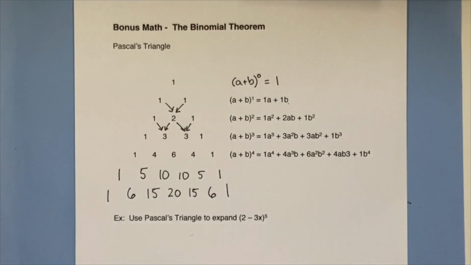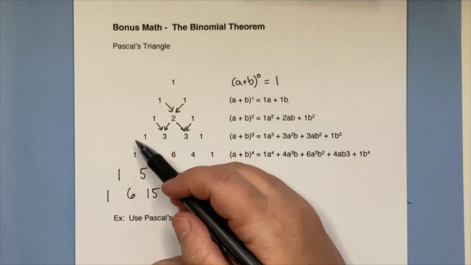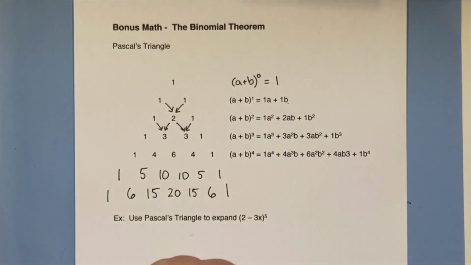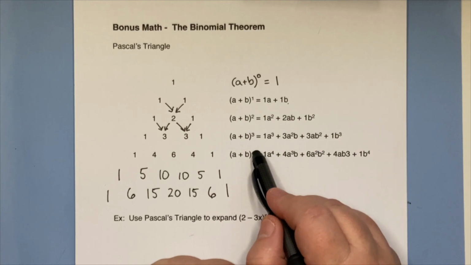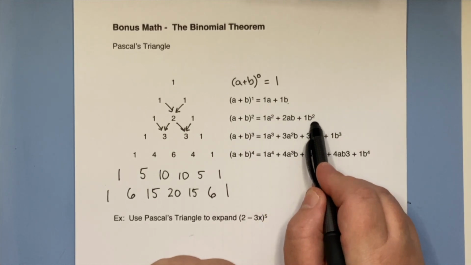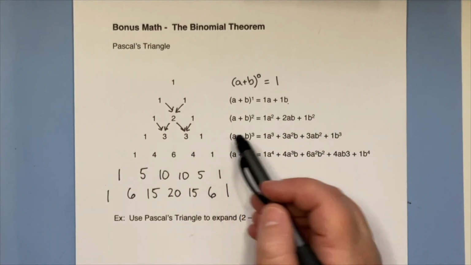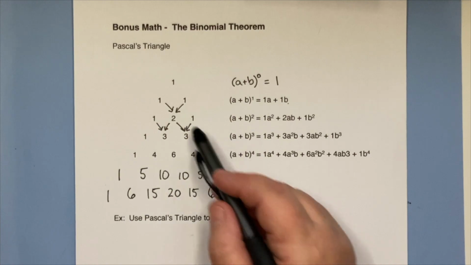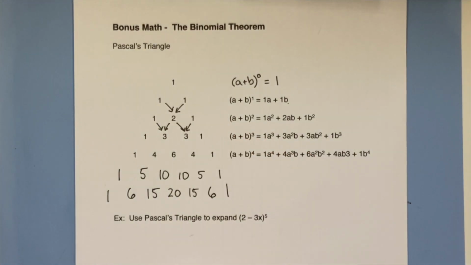Now, how does this pattern go? Well, you follow the coefficients, but then you notice that a starts out squared, then a and b both show up together, and then b is squared. Let's follow this pattern for the third row. Actually technically it's the fourth row, sorry, because of that 1 on top.